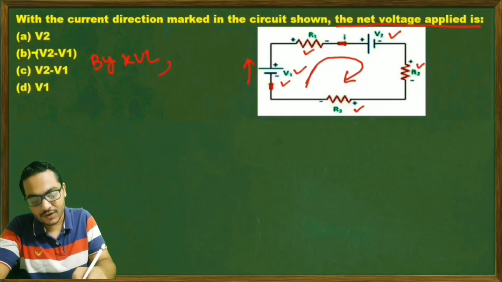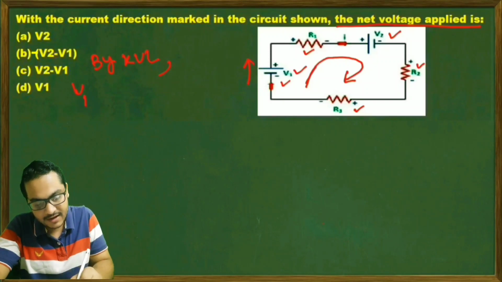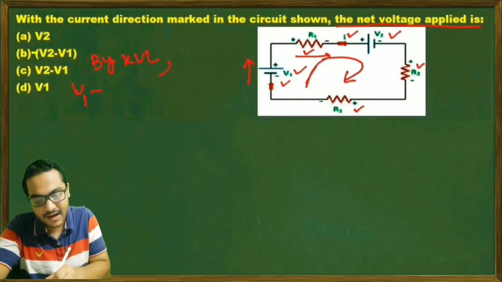So for this it is plus V1. And here the current flowing through it is I, and the resistance is R1. So voltage across the resistance is I into R1, and the sign is minus. Why? Because we are moving from higher potential to lower potential, that is positive to negative. So minus I into R1.